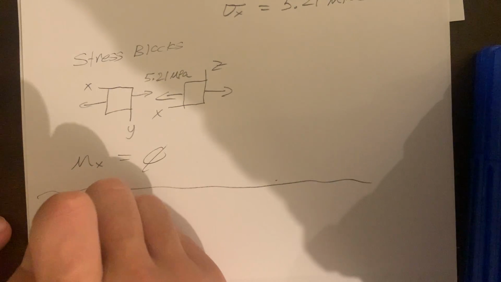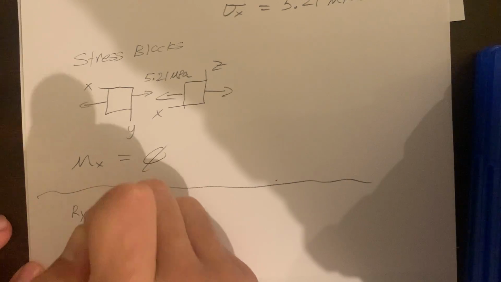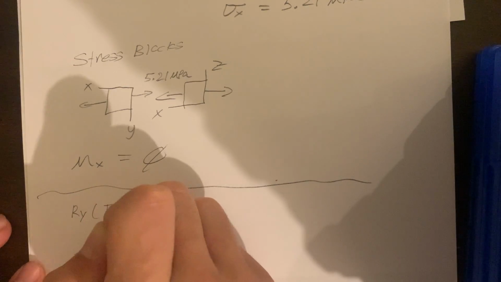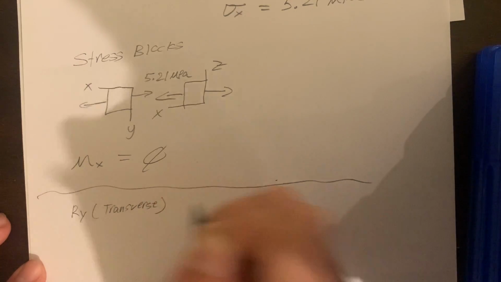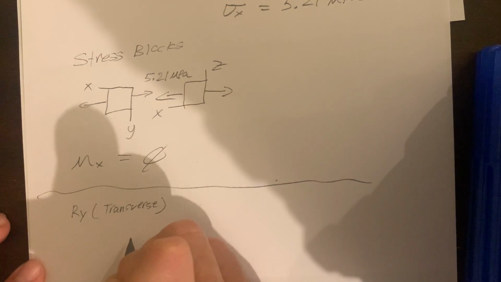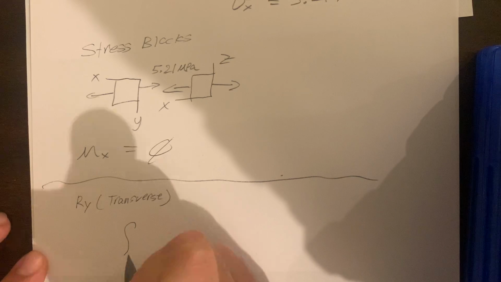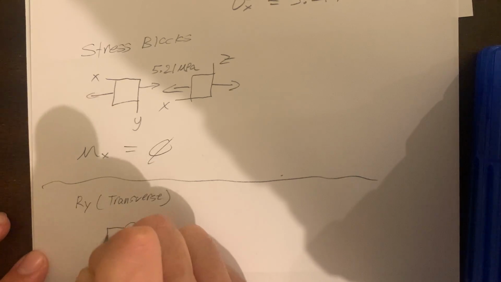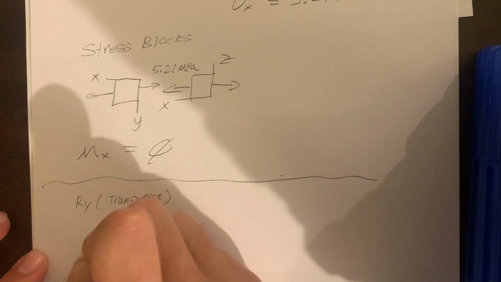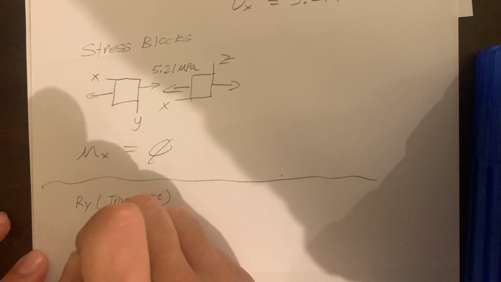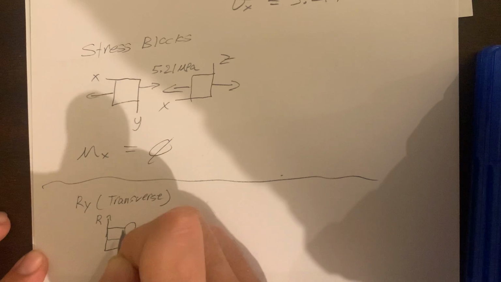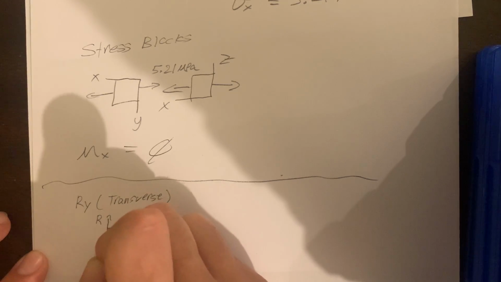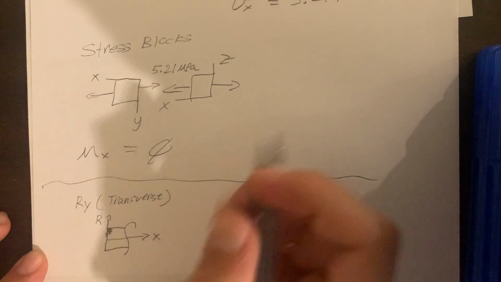We'll move on to R of Y, which we said is going to be transverse shear. Transverse. And we'll draw the block again. Basically right here, we're just trying to map out where this point would be with respect to these axes.